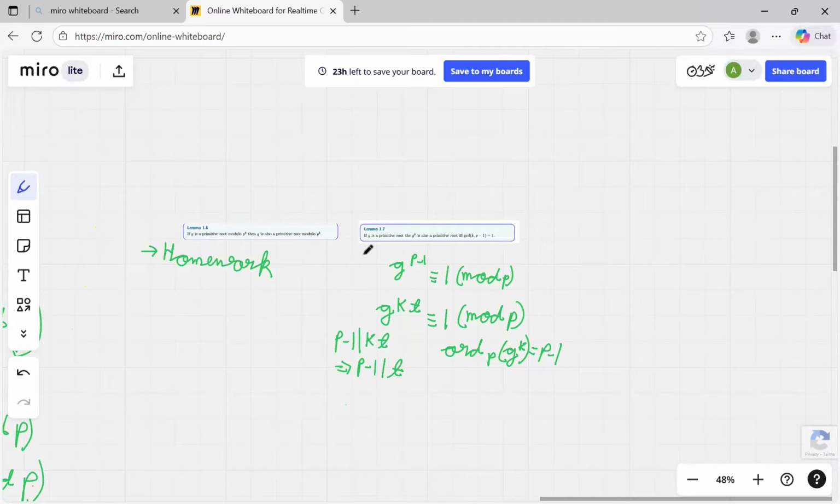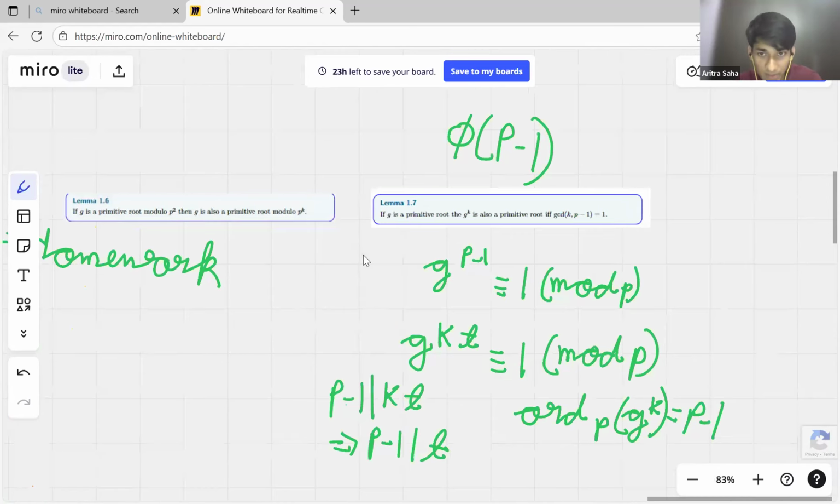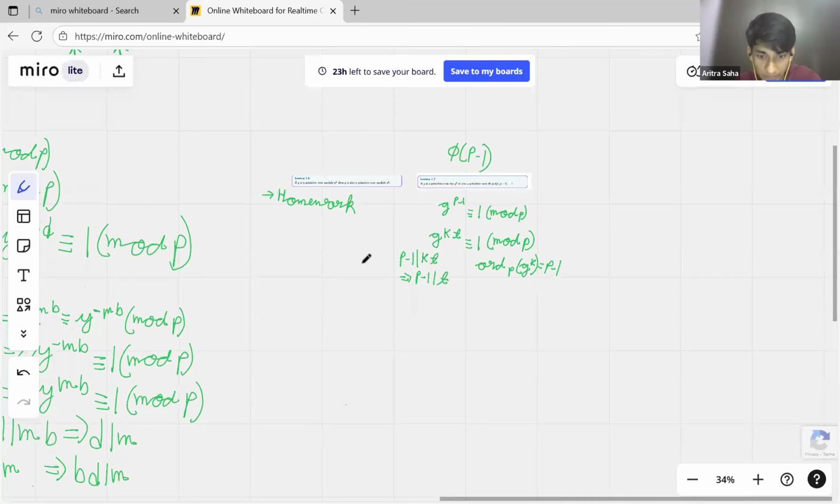This also means there are phi of p minus 1 primitive roots. Exactly. This also means you have phi of p minus 1 roots, because if there is one root, then all the coprime exponents give primitive roots, g to the power something. So there are exactly phi of p minus 1 primitive roots.